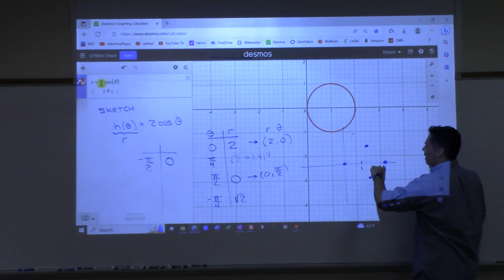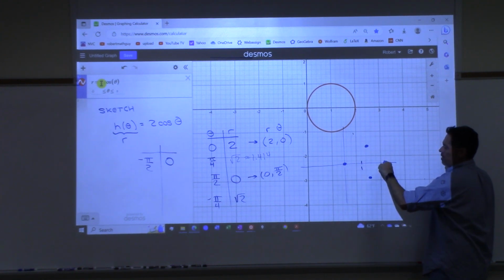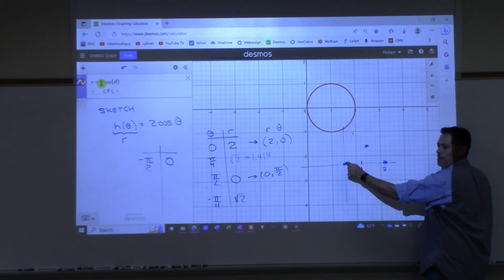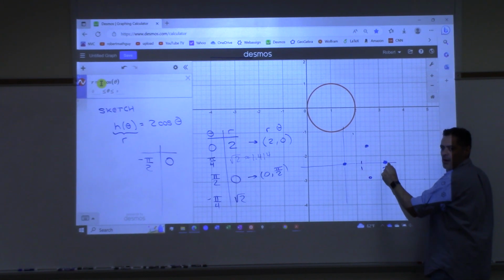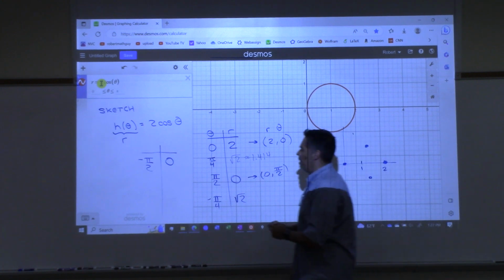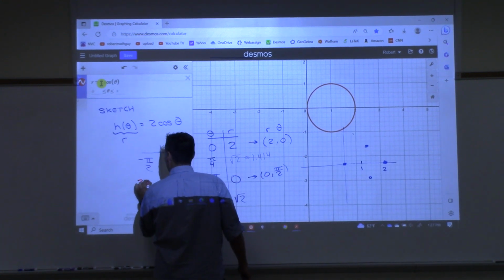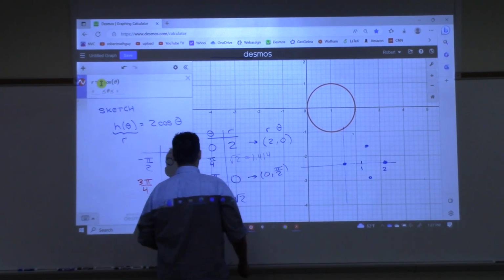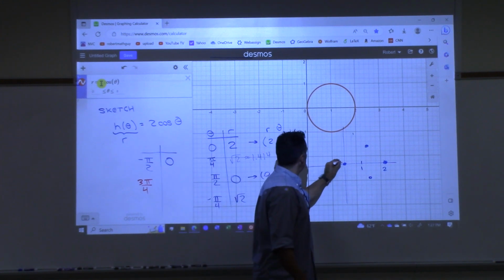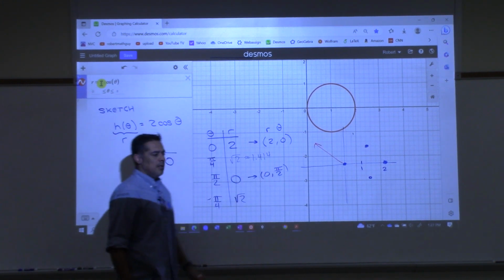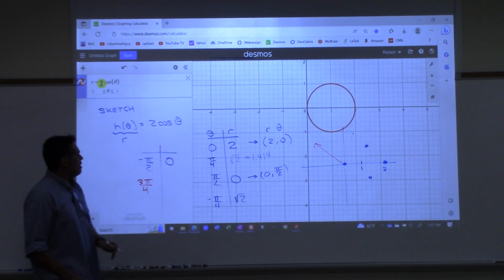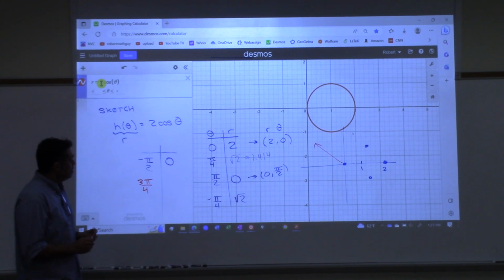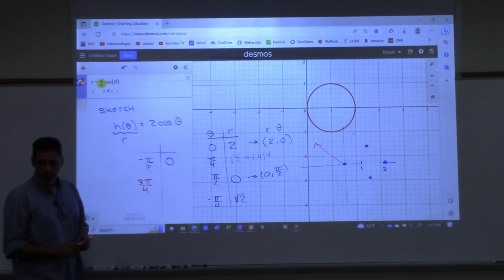So what's happening is that you plug in, you get here, and then if we were to plug in more points, we'd start filling in these points, and then it comes around, right? Here, let's do this angle. We haven't tried this one. How about 3 pi over 4? This is a cool one. So that means I'm aiming in this direction, right? Cosine of 3 pi over 4 is negative root 2 over 2.